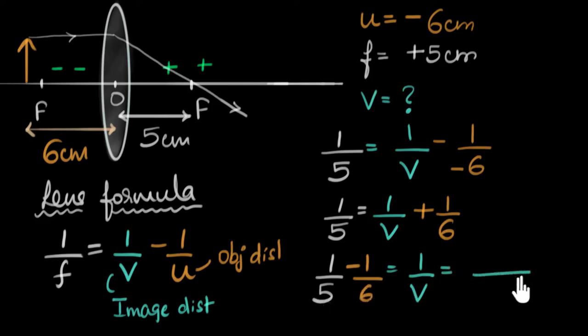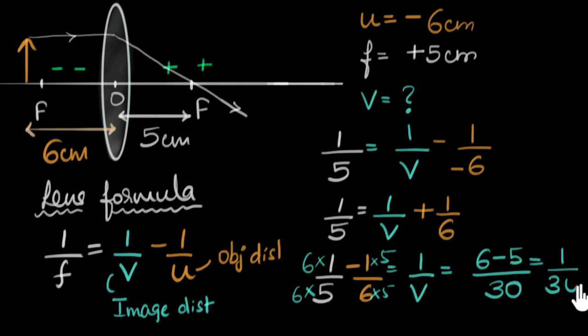The LCM for this is 30. So I multiply this by 6 and this by 6, and I get 6 here, minus, to make this 30, I multiply this by 5 and this by 5, I get 5. That gives me 1 over 30. So 1 over v is 1 over 30, which means v is the reciprocal of this, and that is 30 centimeters. And that's our answer.